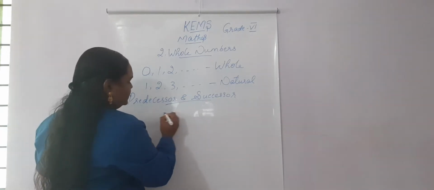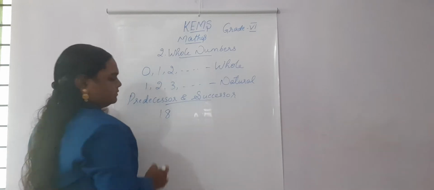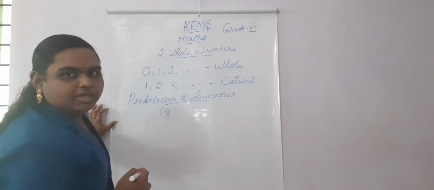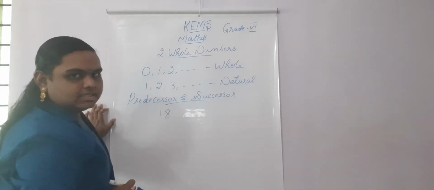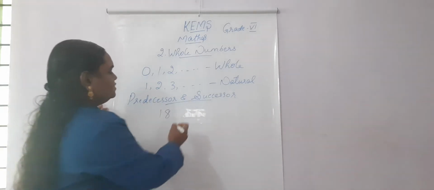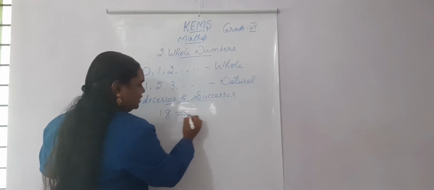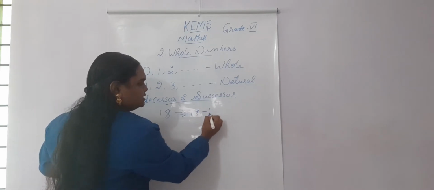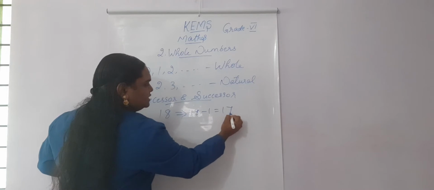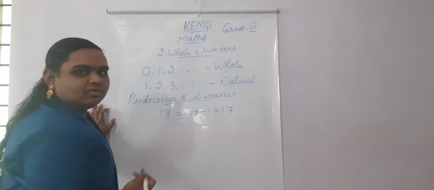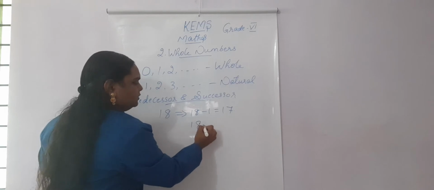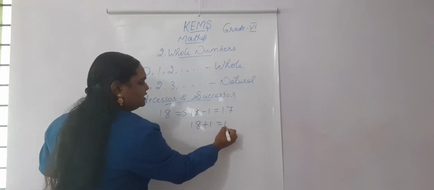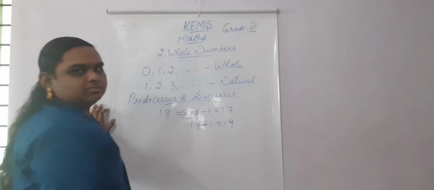So, I am taking the number 18. I have to find the predecessor as well as the successor. The predecessor is nothing but 18 minus 1, which is equal to 17. This is known as predecessor, and the successor is nothing but 18 plus 1, which is equal to 19.